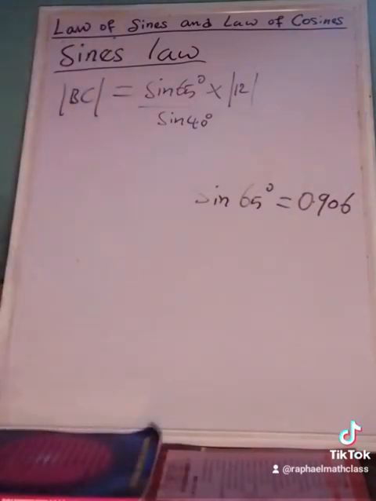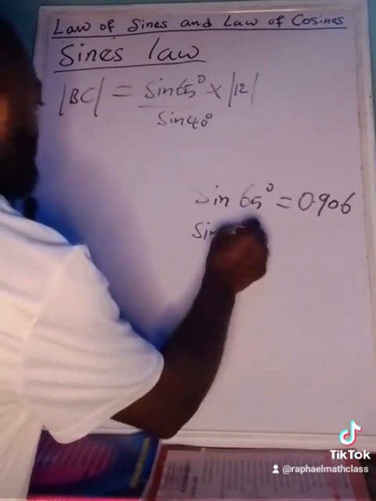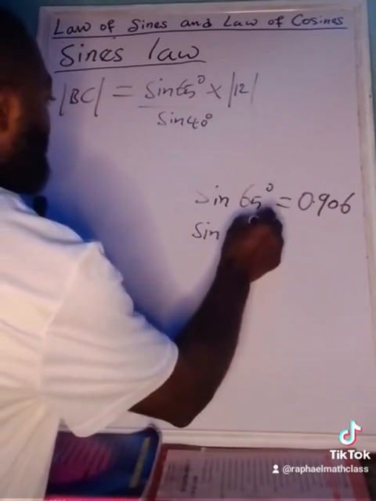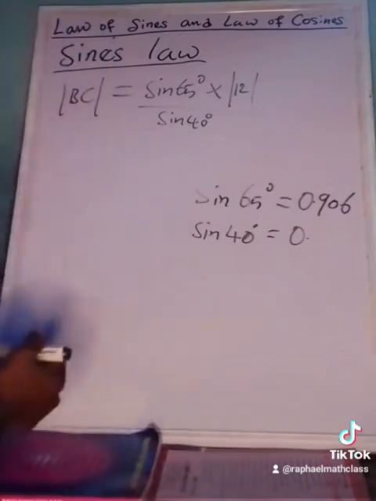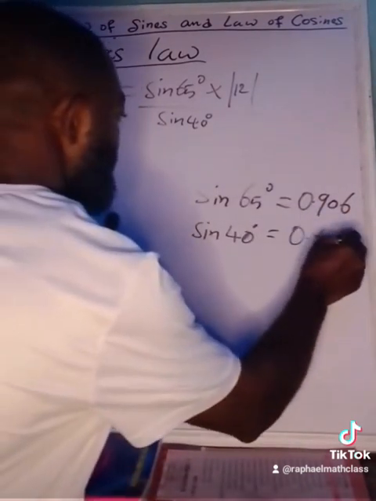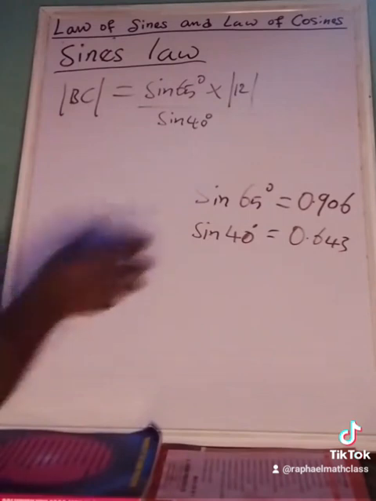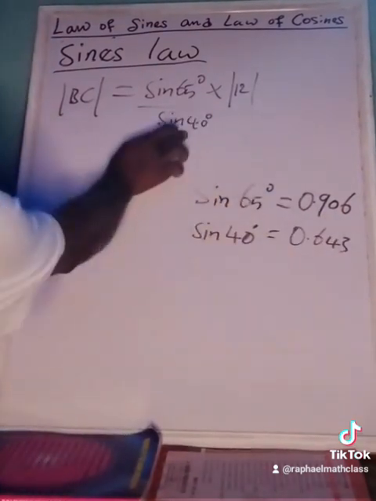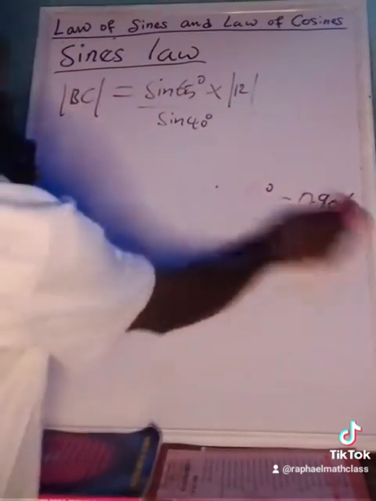And sine 40 degree is also equal to 0.643 in 3 decimal places. So we are going to use this value to represent sine 40. We are going to use this value to represent sine 65. So what do we do?